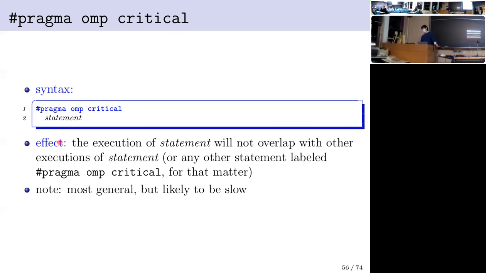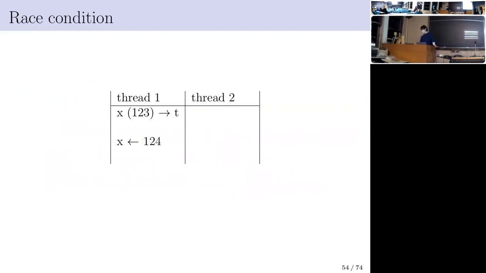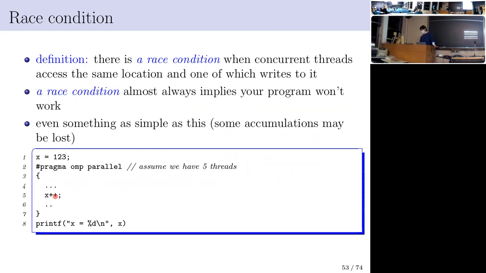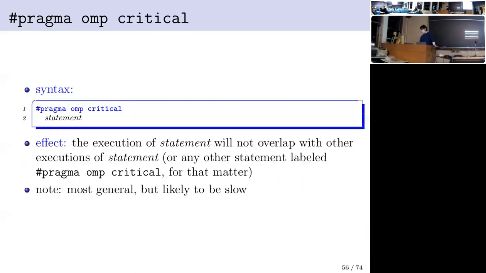The effect is that the execution of this statement becomes atomic, in the sense that it doesn't overlap with other executions of critical statements. This way you can easily guarantee that something like this never happens by just saying omp critical right before this X++ statement.